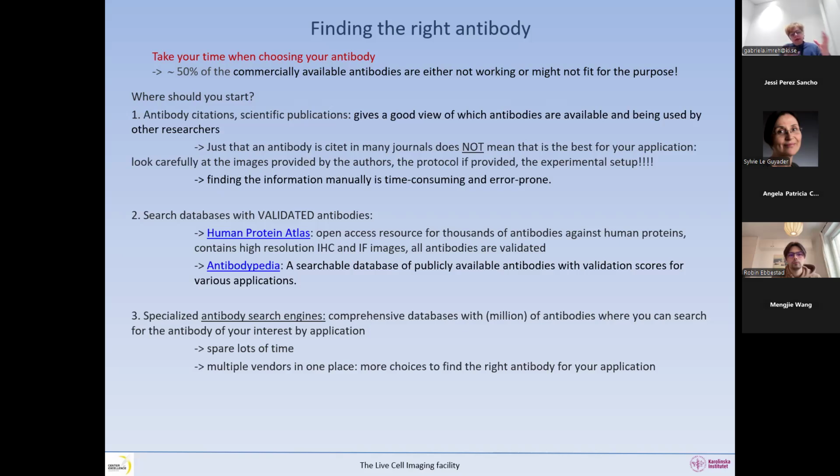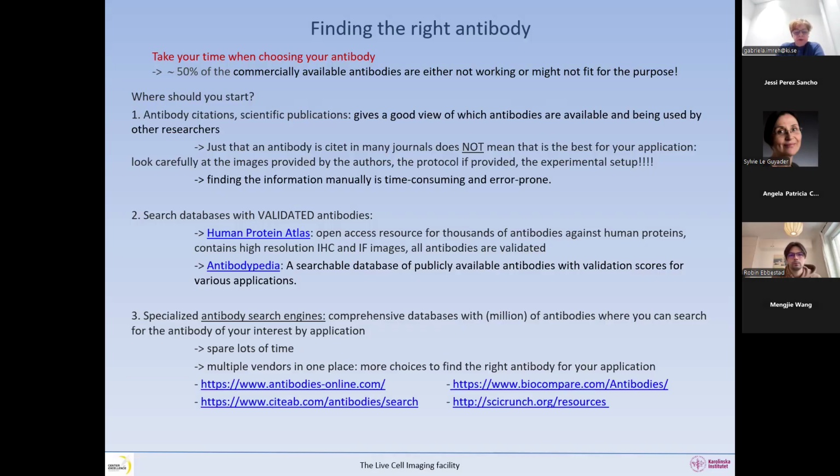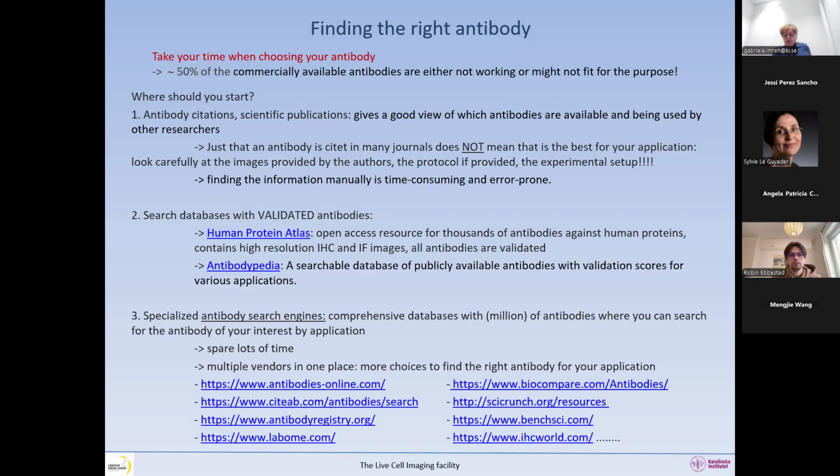So you really spare quite a lot of time if you refine your search using these antibody search engines. Here I only name a few of them. There are many more, but these are the most common and reliable antibody search engines.